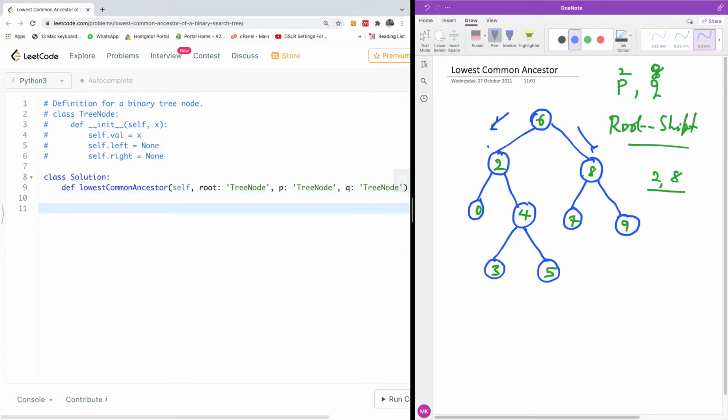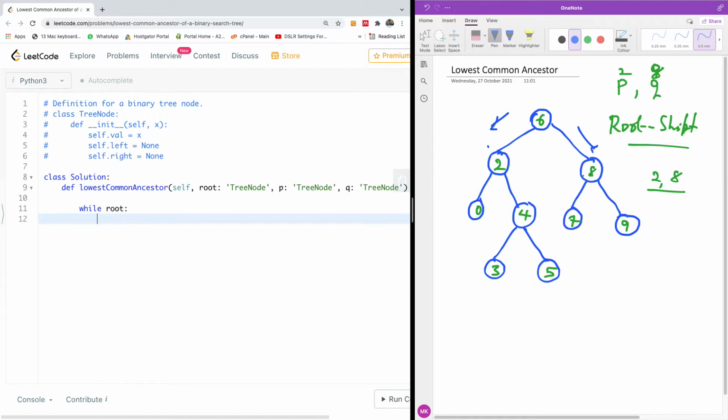The first thing we want to check is that the root should not be null, because we are guaranteed that there's an ancestor for the two of them. So we are going to say while root, because we are going to do it iteratively.